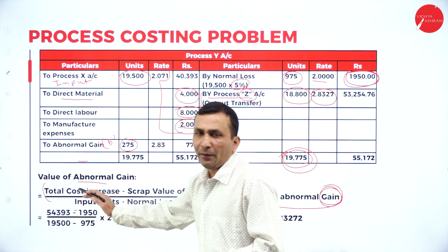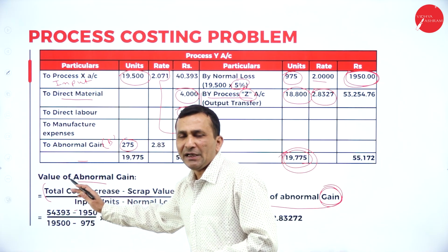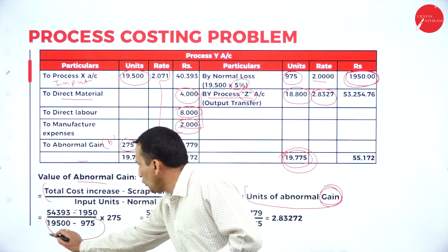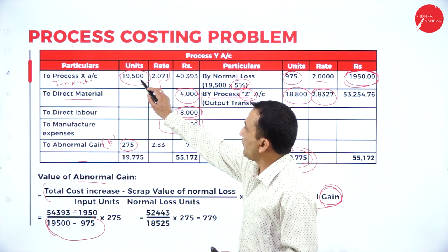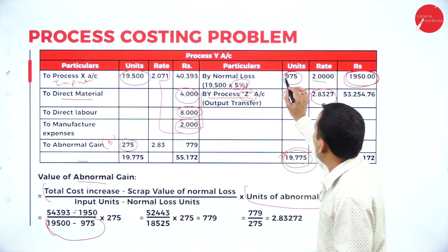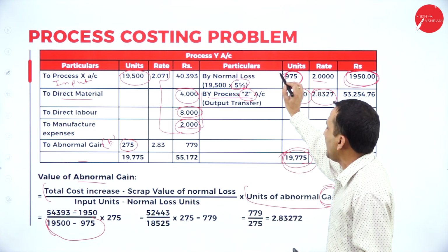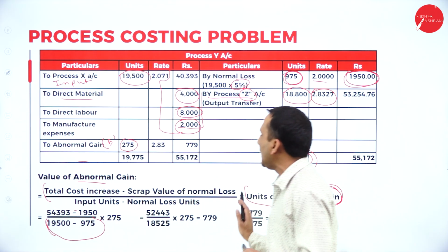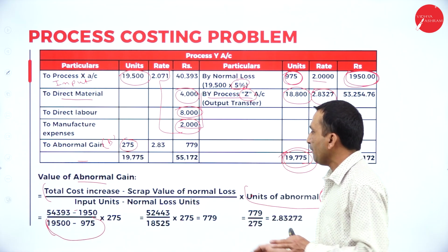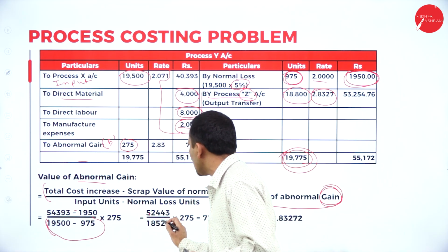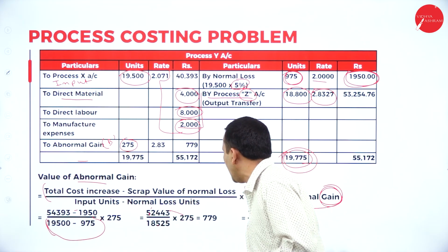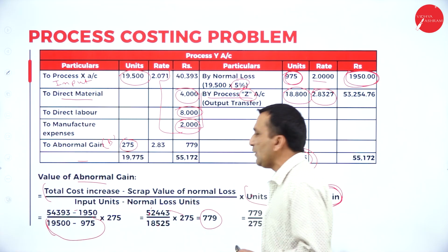In the numerator we write the value, and in the denominator we write the units. Input is introduced for 19,500. From this we subtract the normal loss 975, and the difference we need to multiply. If you subtract, you get this value. So directly cross multiplication divided by 2, we get 779.